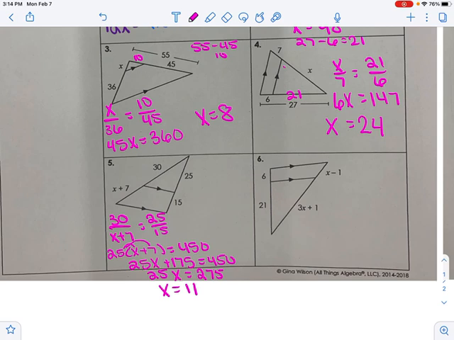And let's try it one more time. Starting with the left, 6 over 21 is equal to what's on top, x minus 1, over what's on bottom, 3x plus 1. So this is 6 times 3x plus 1, and 21 times x minus 1. So make sure you are distributing all the things.